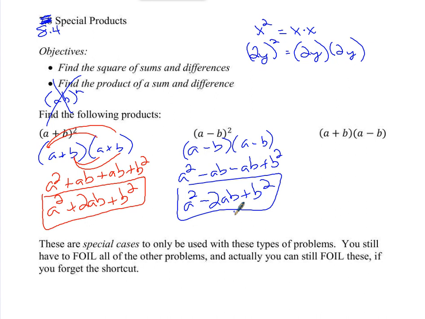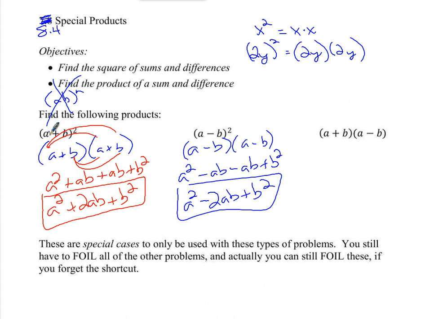This is why this is called a special case. Because of the fact that we use just letters here, and because of the fact that we came up with this answer that has just letters, except for that 2 right there, then you can say this. Any problem that looks like this, if you know this pattern to go from here to here, and you memorize that pattern, and you're given a problem that looks exactly like this, with numbers in it instead of letters, then you can go straight from here to here.